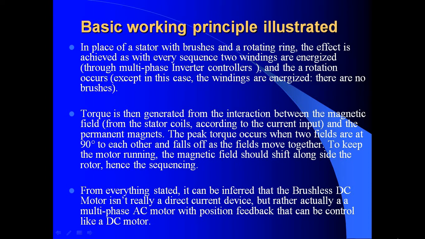Torque is generated from the interaction between the magnetic field from the stator coil, according to the current input, and the permanent magnet. The peak torque occurs when the 2 fields are at 90 degrees to each other, and the fields move together. To keep the motor running, the magnetic field should shift alongside the rotor, hence the sequencing.